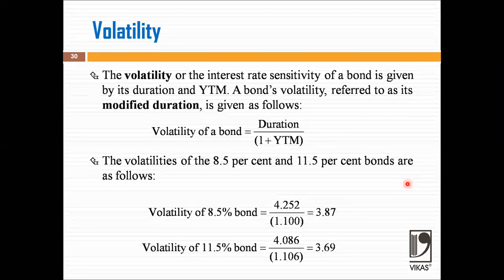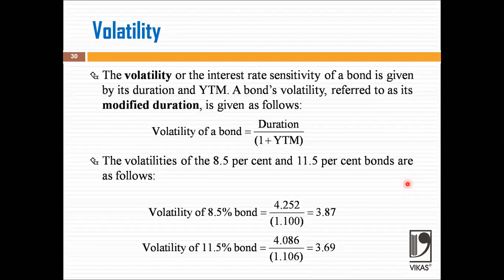The volatility of the 8.5% and 11.5% bonds are as follows. According to the previous example, there are two bonds. The first bond has a coupon rate of 8.5% and its YTM is 10%. The second bond has a coupon rate of 11.5% and its YTM is 10.6%. So let us calculate the volatility of the bond.